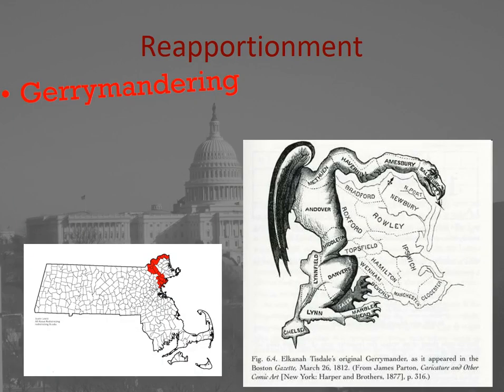So this process can get political at times, and when it gets political, that is what is called gerrymandering, named after the founding father, Elbridge Gerry. His last name was Gary, but it looked like Jerry.